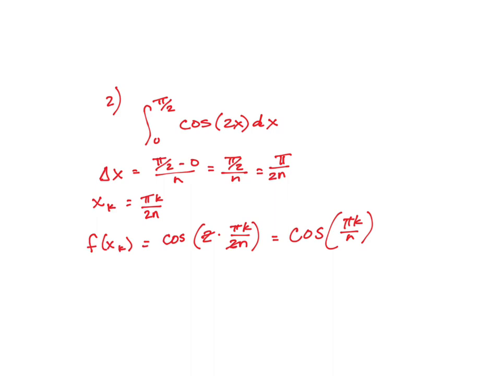And so when I find my limit, I'm looking for the limit as n goes to infinity of the summation of rectangles from the first one to the nth one of cosine pi k over n times pi over 2n.